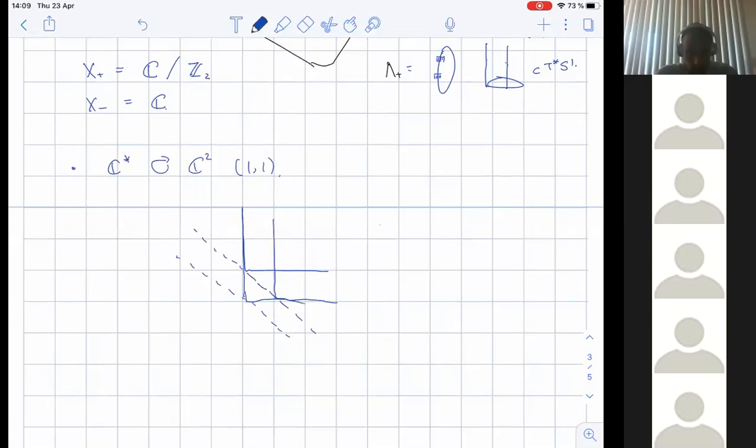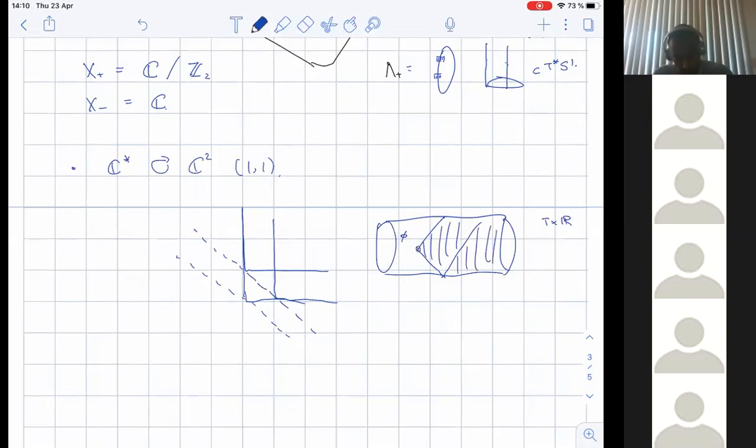You end up with a cylinder if you quotient along the dashed line. So the skeleton in this case does not cover the entire cylinder, the T cross R. It will be empty here. It will start to occupy stuff at this moment, and then it has hairs like this.